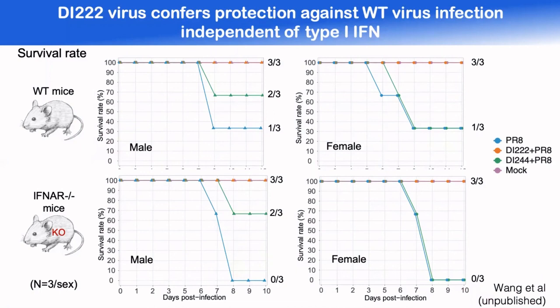Mice die of these viruses very quickly, and you can see when they die with the wild type virus in both the wild type mice and the knockout mice. But with the DIs or with MOC, which is no virus, you get protection. The mice do not die when they're protected with the DIs.